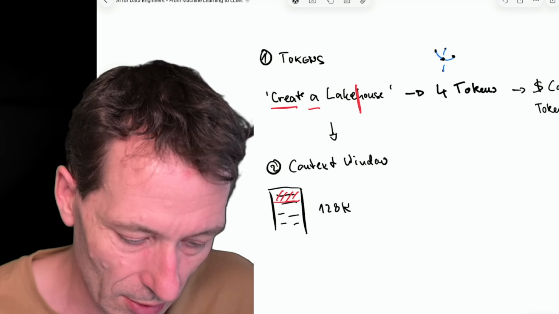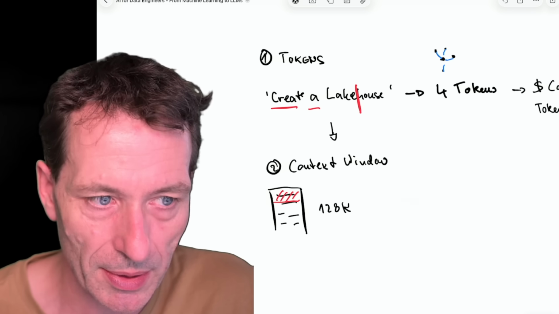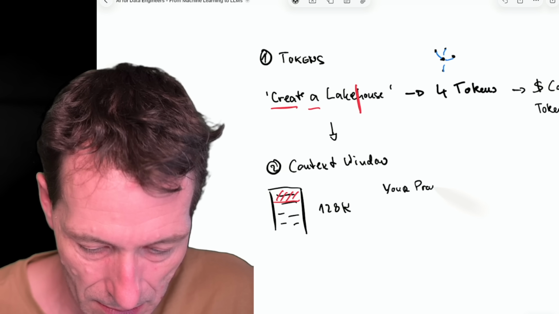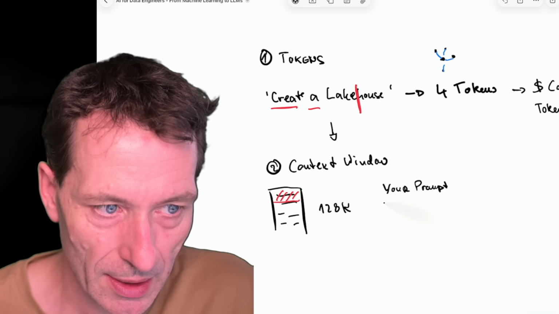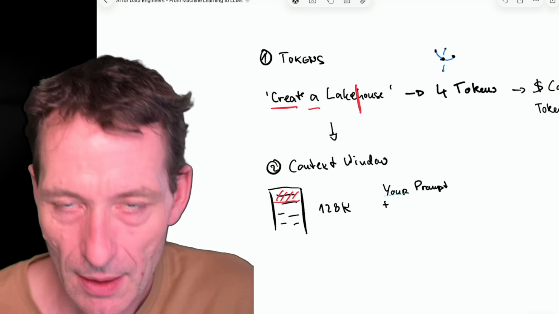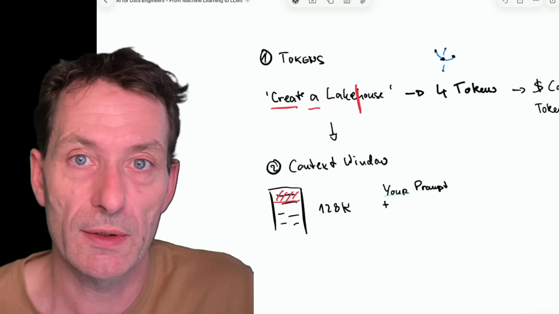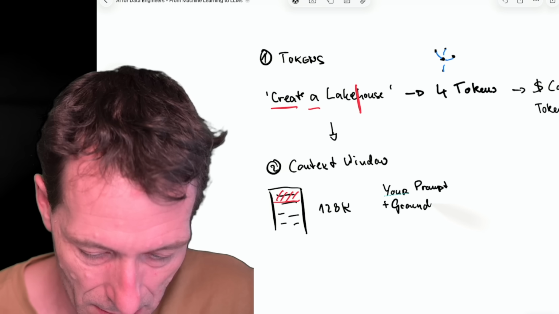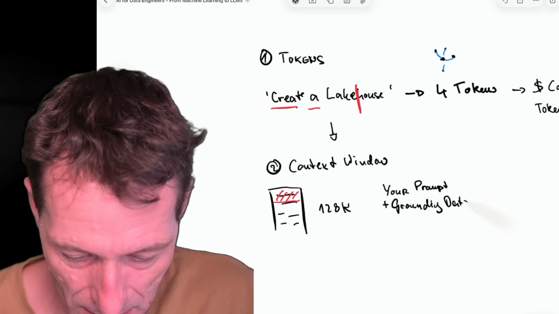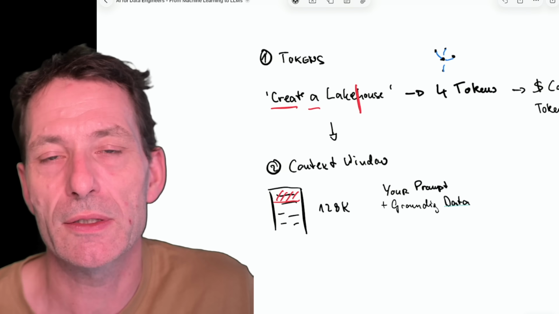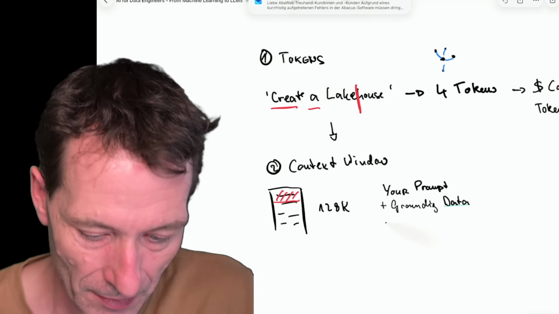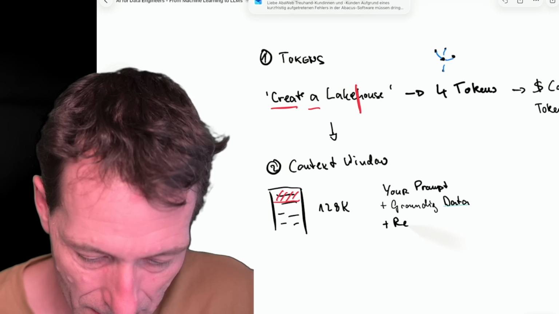So the window is created by your prompt, plus the grounding data, the things that you upload, the things that are automatically integrated, and so on. Everything that is on top of the internal knowledge of the large language model, plus the response.